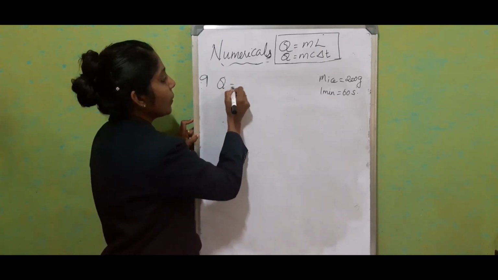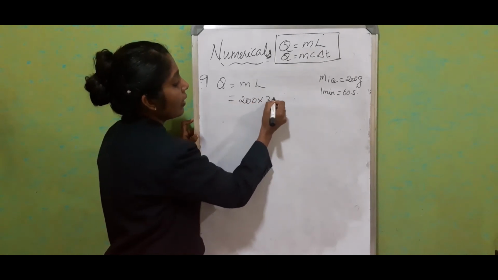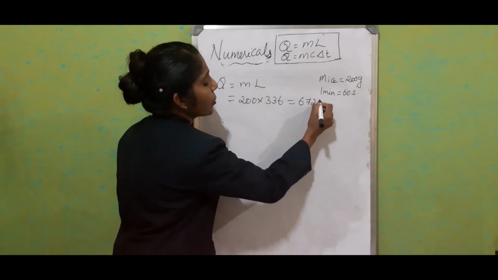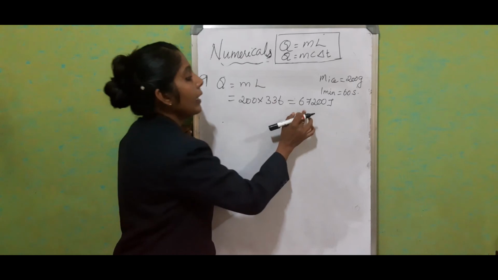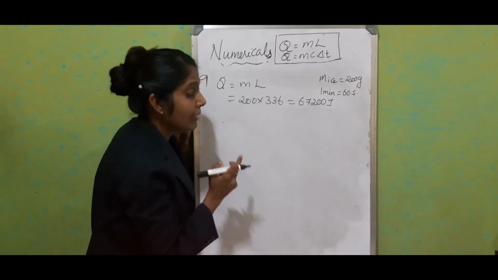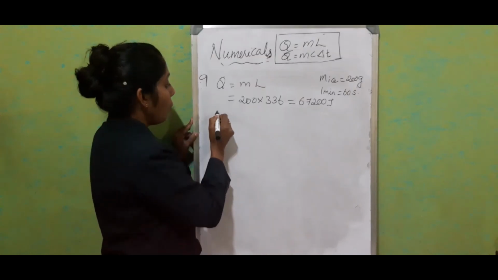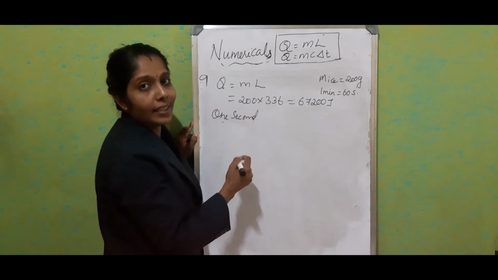First we will see how much heat energy it absorbed to convert into water. So Q is equal to M into L. 200 into 336. We'll get the value as 67,200 joule. So in 1 minute, it absorbed 67,200 joule. Now we'll find out for 1 second how much energy is required.